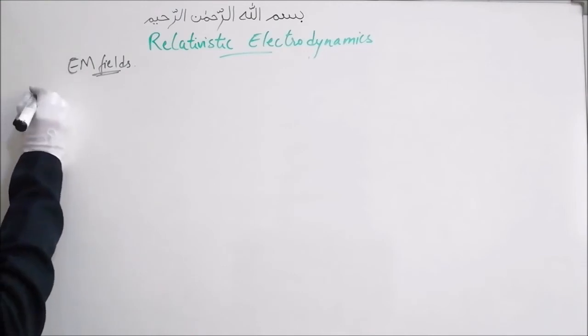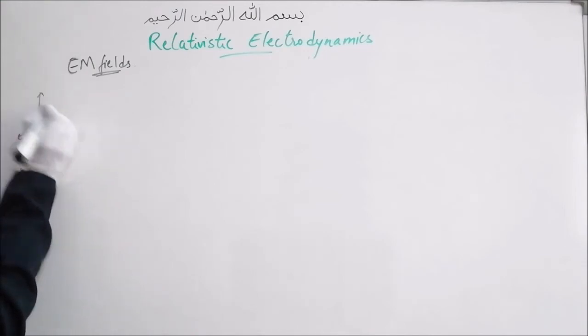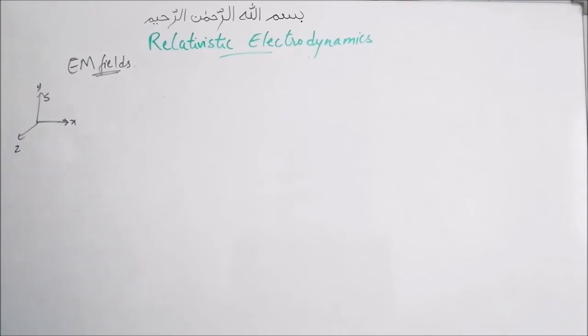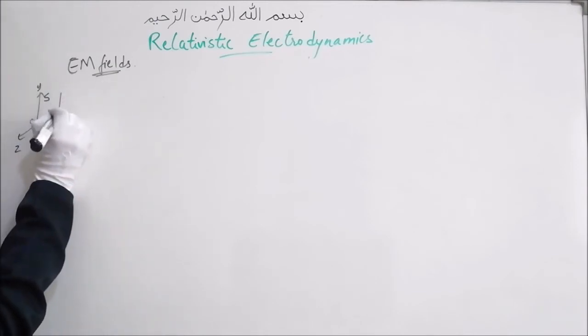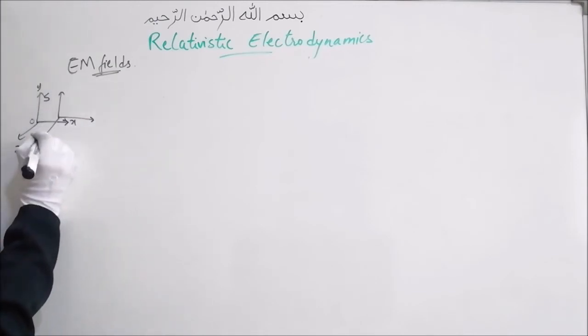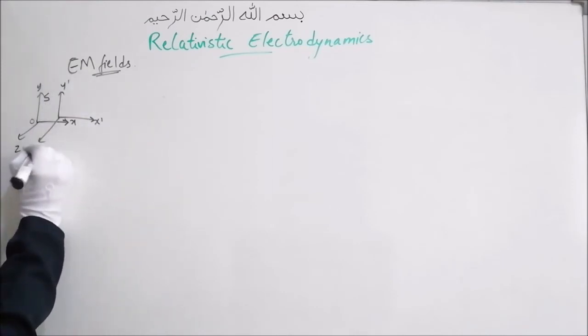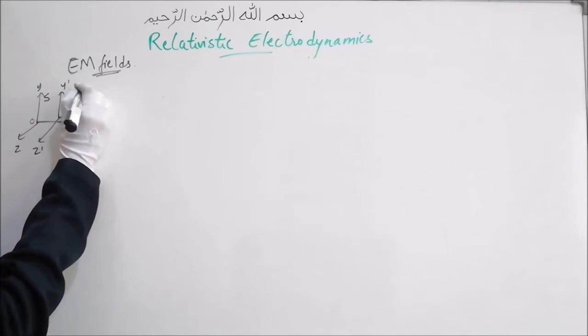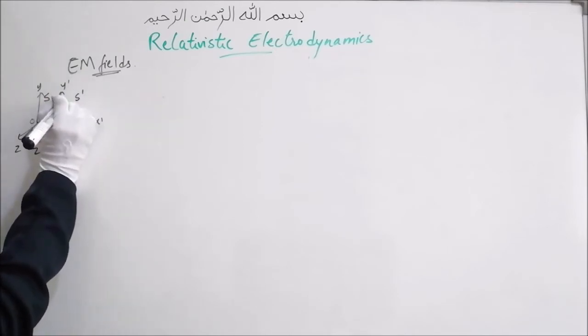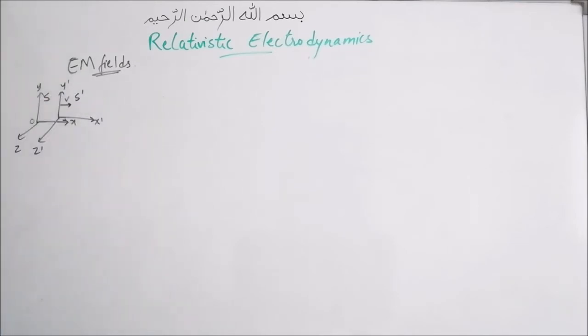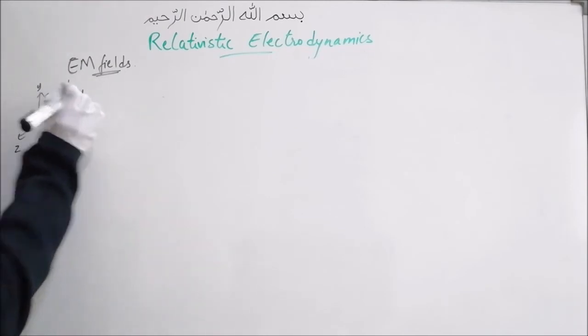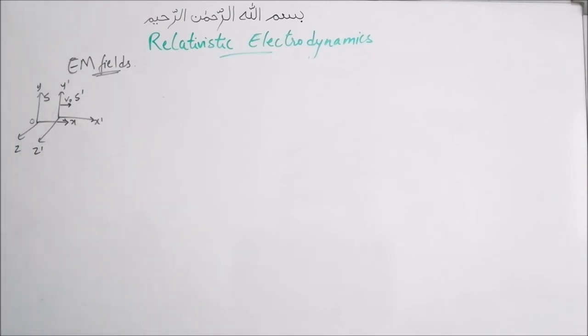Let's consider a frame S, which is static, having X, Y and Z directions. This frame S is not moving. There is another frame S dash with axes X dash, Y dash and Z dash. Time is T dash here, and it is moving with velocity V, or let's call this V naught, towards the right.